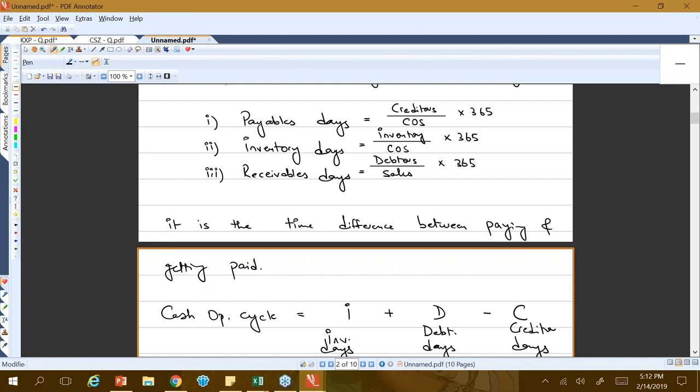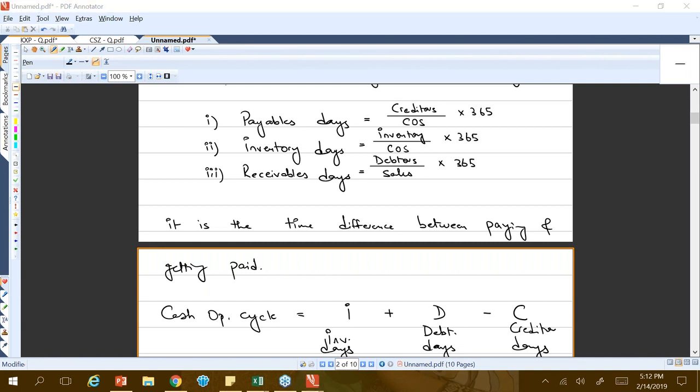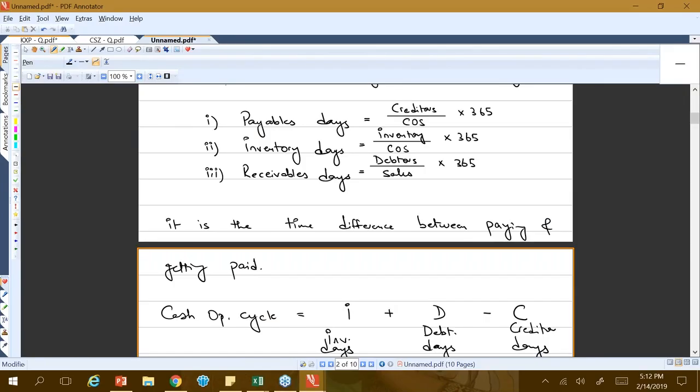And this gives us the cash operating cycle. You can also remember this with a quick memory aid, IDC, which is "I don't care." So I is inventory, D is debtor, and C is creditors. So this is the situation we have when thinking about the cash operating cycle: the difference between paying and getting paid, and we can compute it by taking inventory days, debtor days, and creditor days, and there are all the formulas involved here.